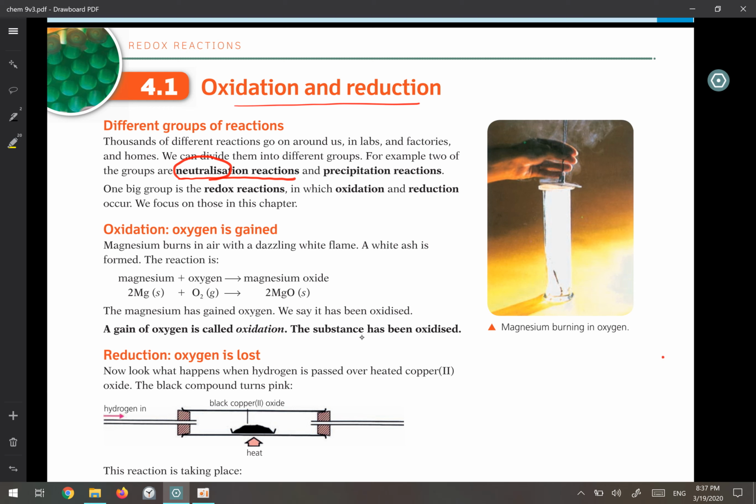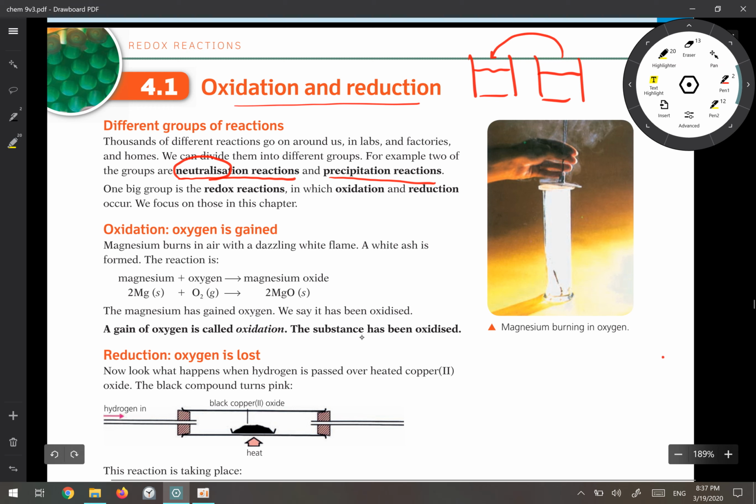Another type of reaction is precipitation reaction. Precipitation reactions are a group of reactions in which a precipitate forms. That's why we call them precipitation reactions. But what is a precipitate? If you have two solutions and you mix them, sometimes by mixing two solutions, a solid material forms.